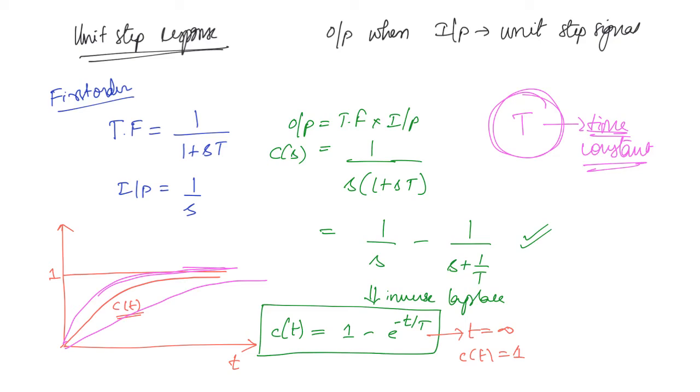So this will all depend on the value of T. Larger the value of T, slower will be the response. And if we have smaller values of T, then the response will be faster.